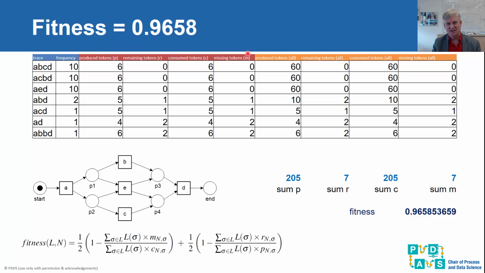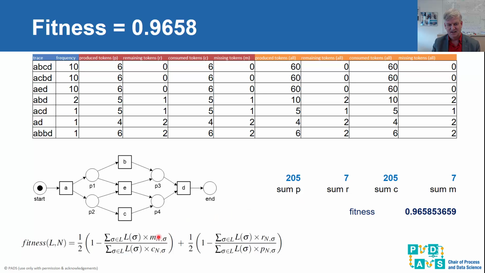Then this part is showing the diagnostics for a single trace, and then we multiply these numbers with the frequency of that particular trace. And then we add up all the produced, remaining, consumed and missing tokens, and then we fill this out in this formula.